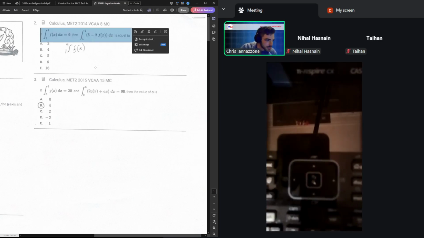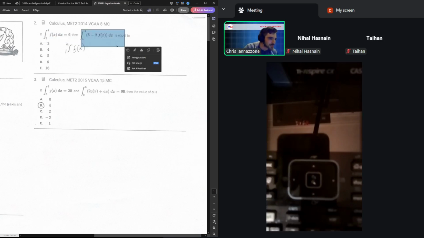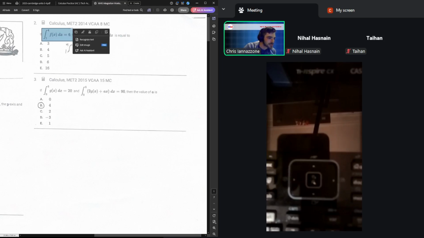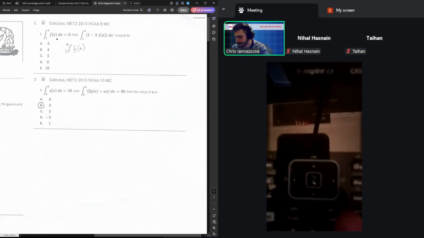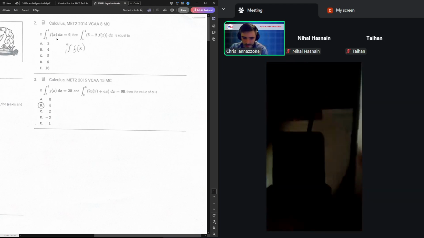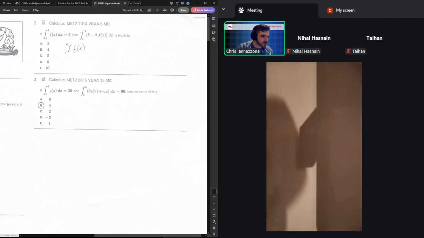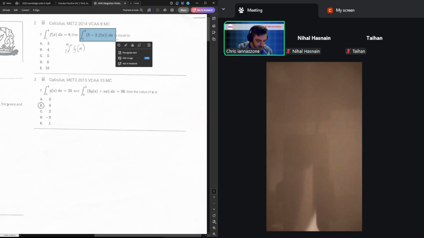This is where we use our integral properties to try and split things up in this right-hand side integral, such that it can eventually look like this left-hand side known integral. So if we think about ways of doing that, what things could we do to rewrite that right-hand side integral?